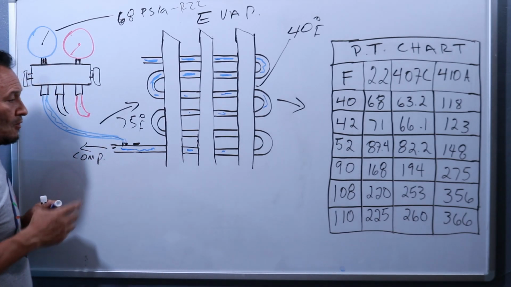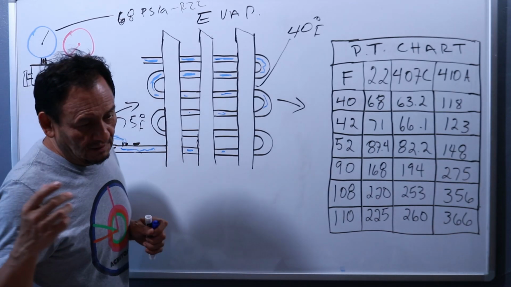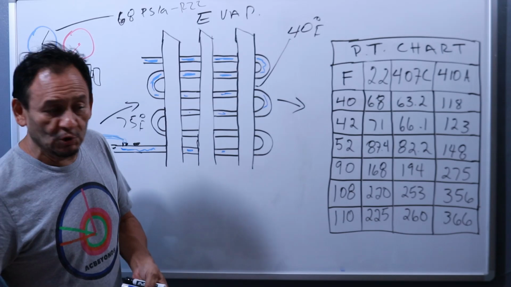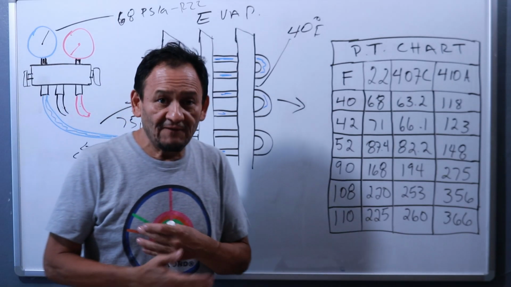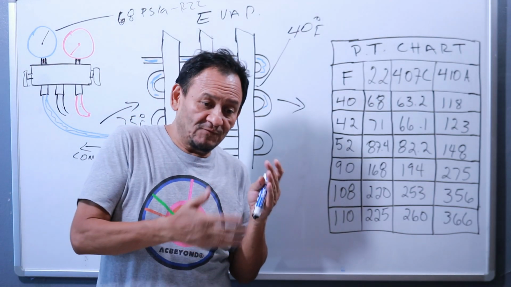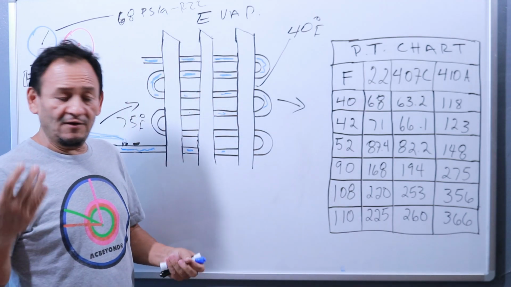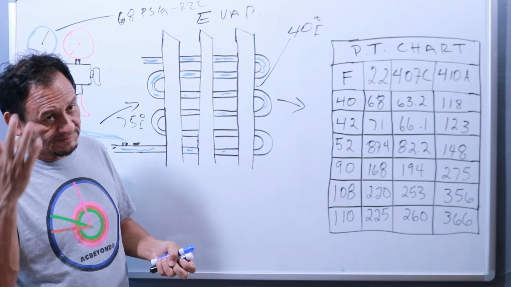With the superheat, we want to know what makes a good superheat. Many manufacturers have different numbers, usually 12, 13, 14, even 19, depending on the manufacturer of the expansion valve.